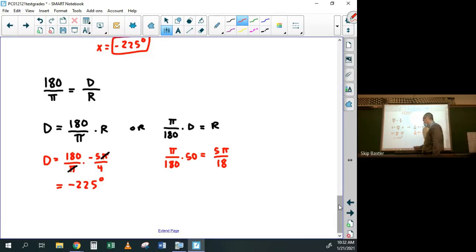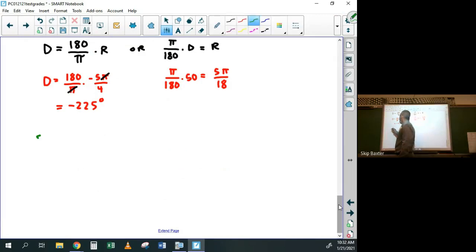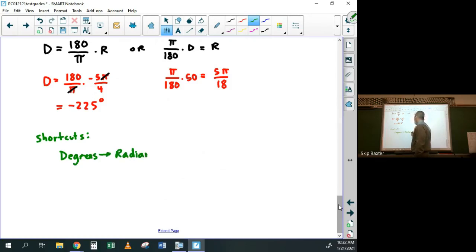So the shortcuts are, if you're going from degrees to radians, you're going to multiply by pi over 180.